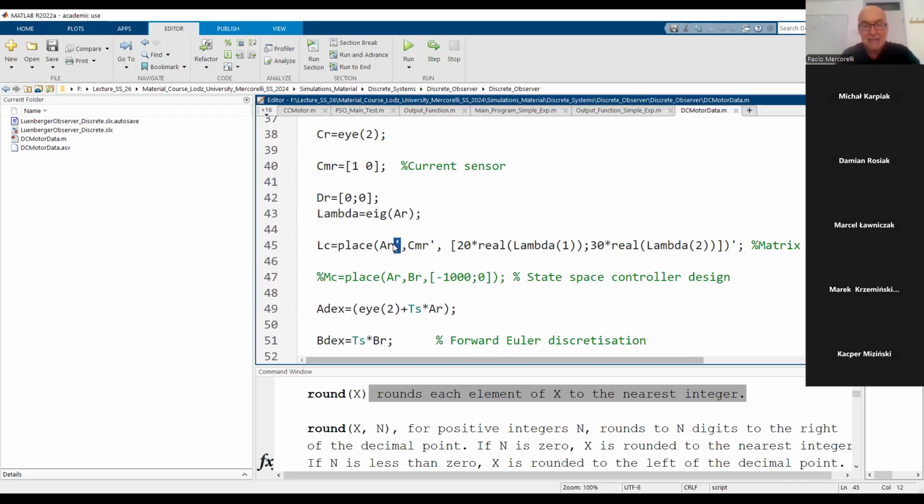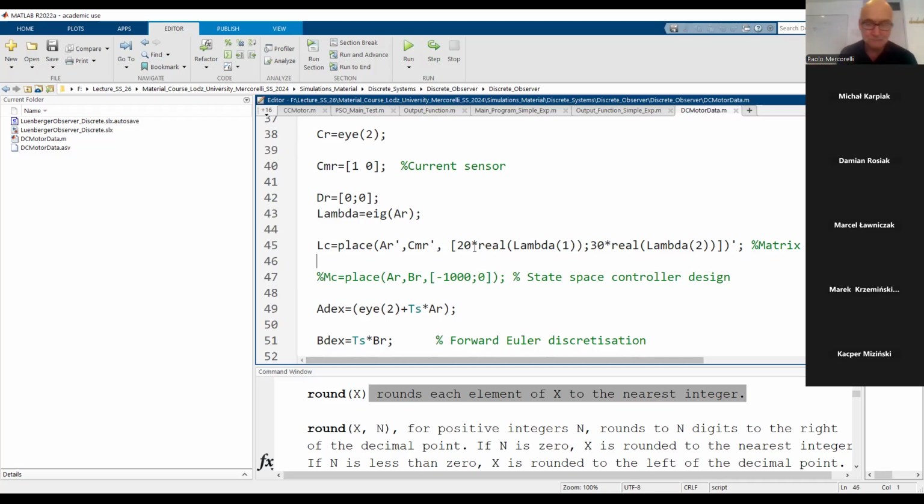Place, do you remember AR transpose, CR transpose, because the place can be used also for continuous. And I place the eigenvalues of the observer at least 10 times faster than the eigenvalues of the system. It makes sense, because in order to converge quickly to the value or the variable which I don't know, the observer must be faster than the system.